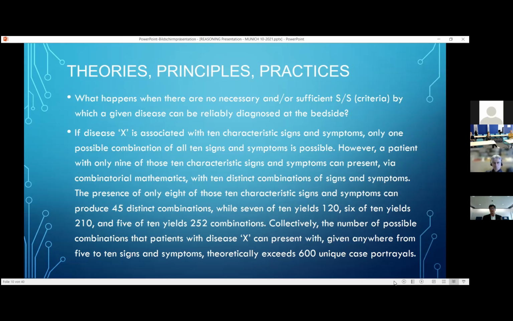And we, however, seem to give the impression to students that there are criteria, it's just that they are either not experienced enough or smart enough, like me, or trained appropriately to get it. And the truth is that most diseases in medicine or that afflict humans don't have at the bedside necessary and/or sufficient combinations of features with which we can reliably say, Mr. Jones, this is the cause of your presentation today.